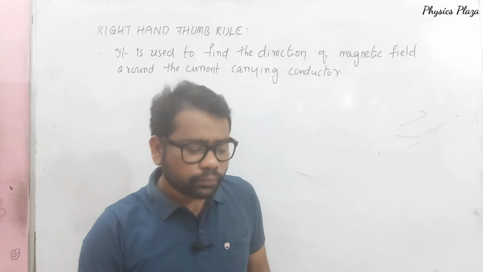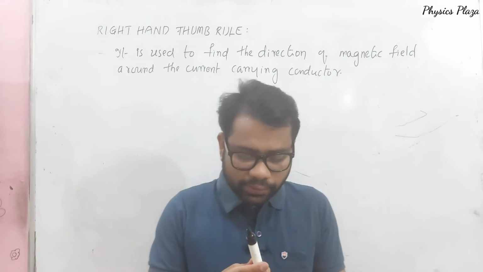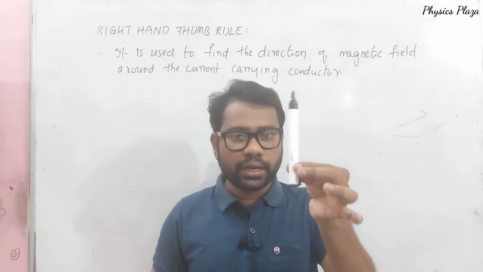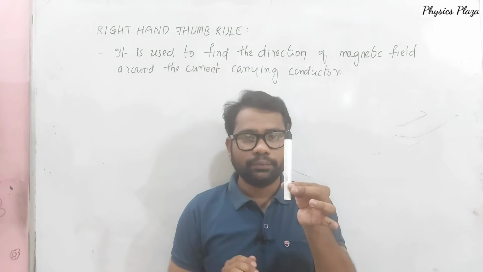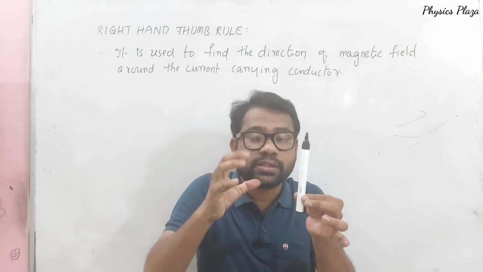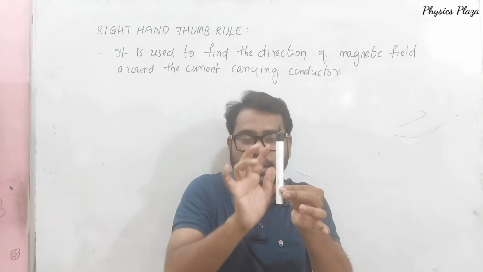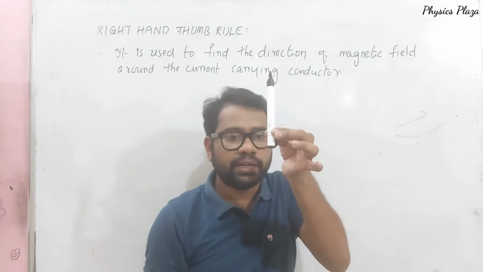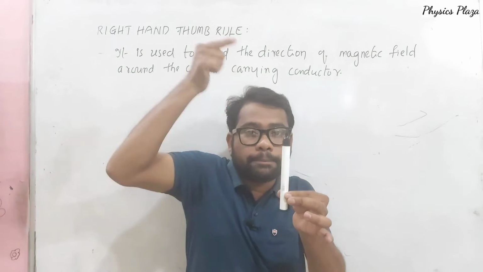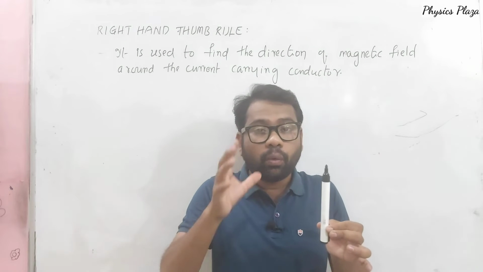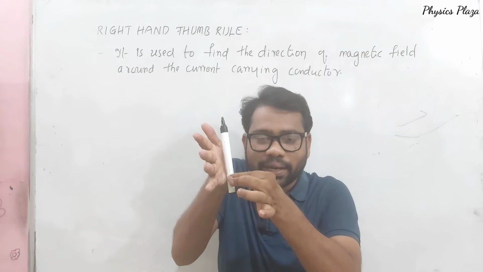So children, what actually is the right hand thumb rule? For example, let us assume that it is a current carrying conductor. First we should know the direction of current. Let us assume that current is entering like this and leaving through the tip, vertically upwards. Now let us assume that this current carrying conductor is held with the right hand.